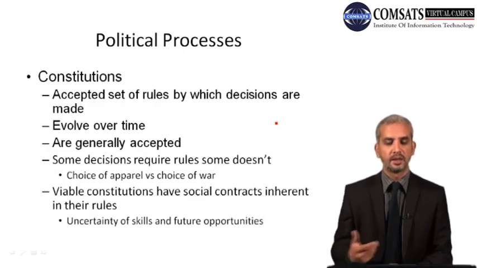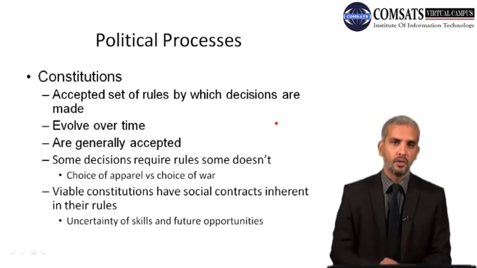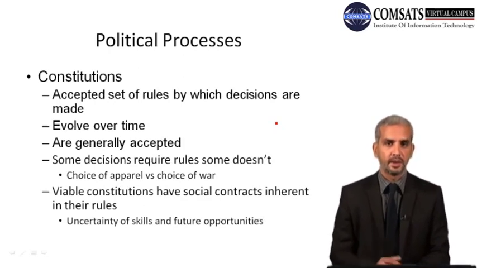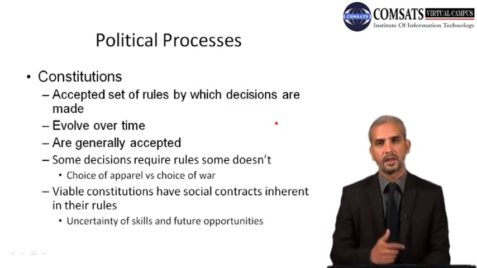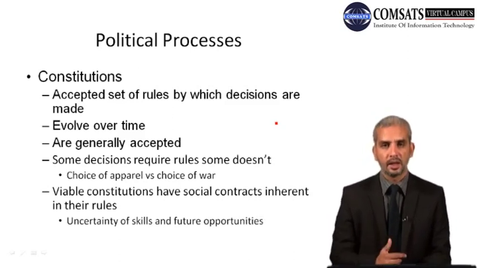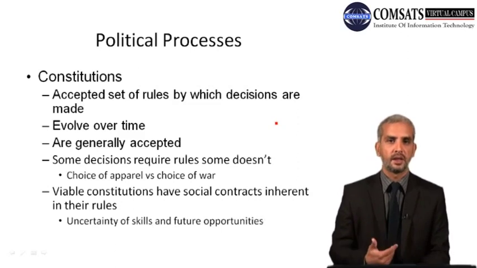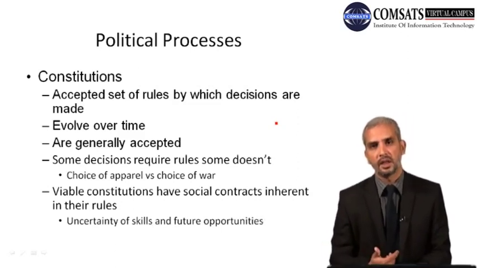Now constitutions are accepted sets of rules by which decisions are made. They evolve over time and they are generally accepted. The main thing is that these viable constitutions have social contracts inherent in their rules. How are these inherent in their rules? Because of uncertainty about my set of skills and the future opportunities I would get.